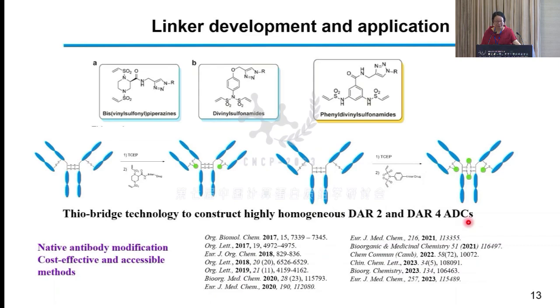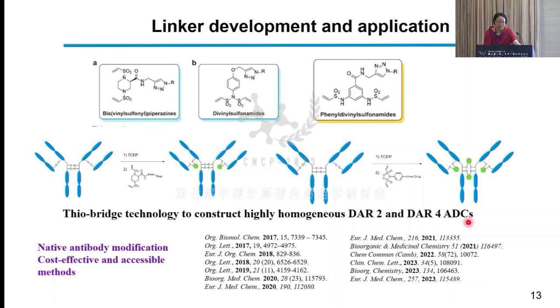The most important thing for this method is the selective modification. In this research, we also found some linkers with high reactivity, so they are not good for selective modification. However, they may benefit cross-linkers for XL-MS.